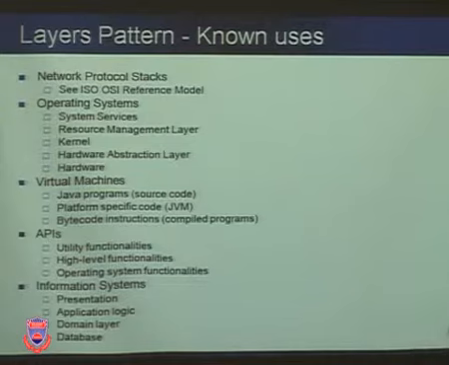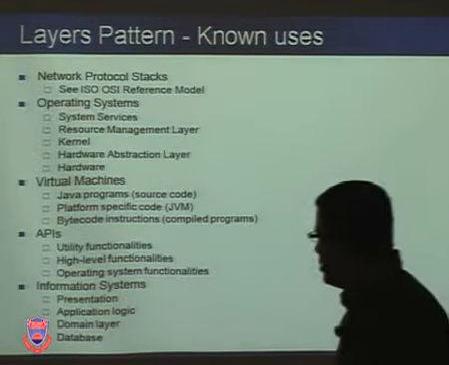Known uses of this pattern: network protocol stacks, and operating systems, where you have system services, resource manager, kernel, hardware abstraction, and the hardware. Virtual machines are just a layering system. You program, you compile your code, you get the bytecode.